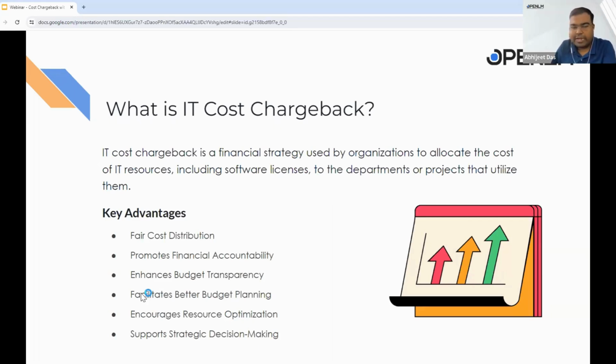As a result of this, licenses which are owned by individual projects are not readily available to those who need them, right? So, a better approach would be for the IT department to own the licenses and grant access to the users who need it as per the requirement. And at the end of the entire usage period, IT can charge back the respective projects or departments based on their usage.